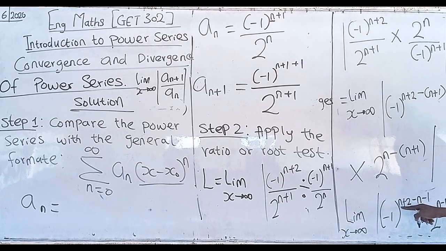So minus n plus n, they will cancel. It remains 2 minus 1. Again, plus n minus n will cancel. We have 2 inverse.